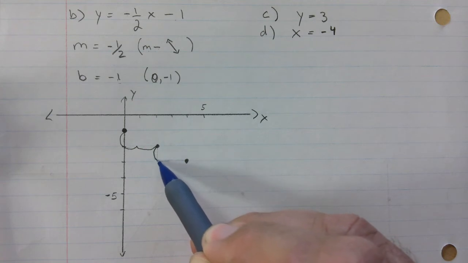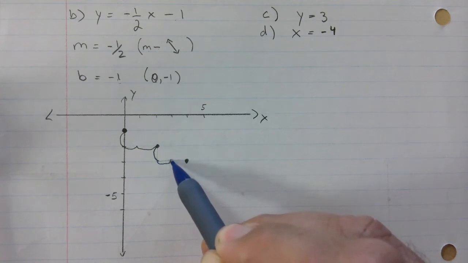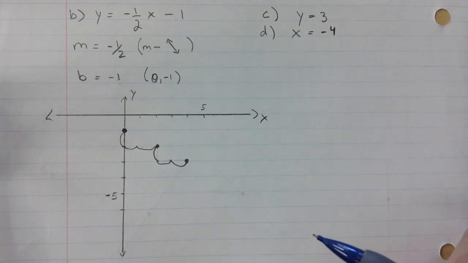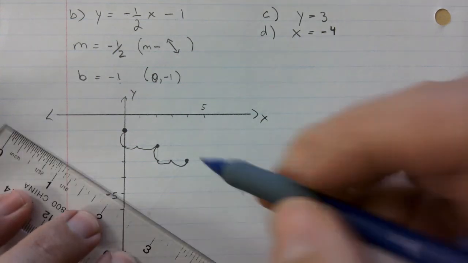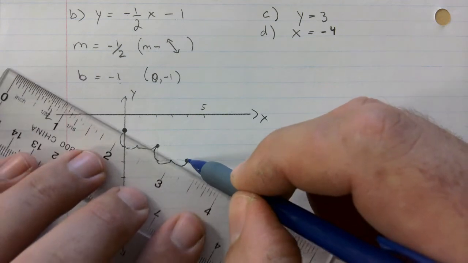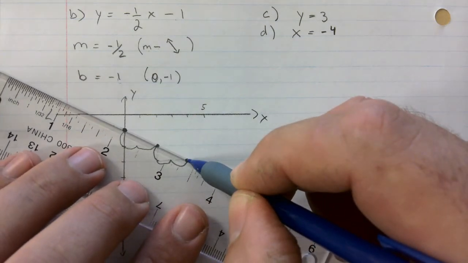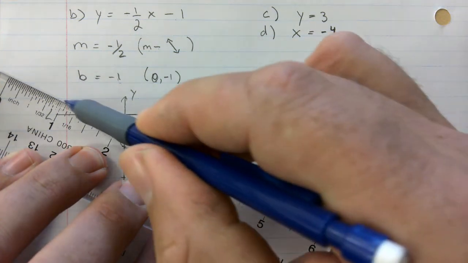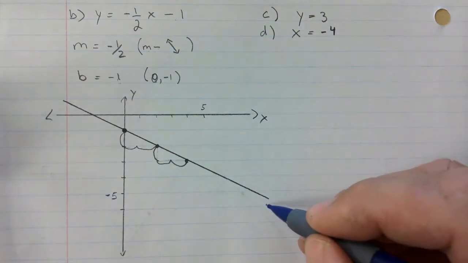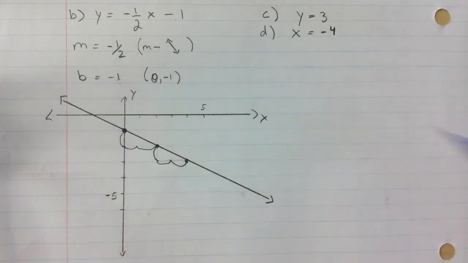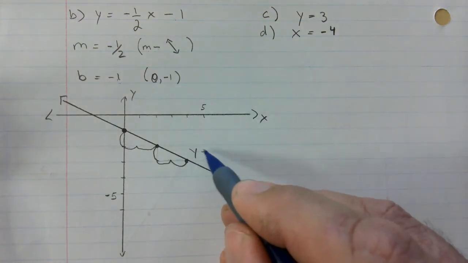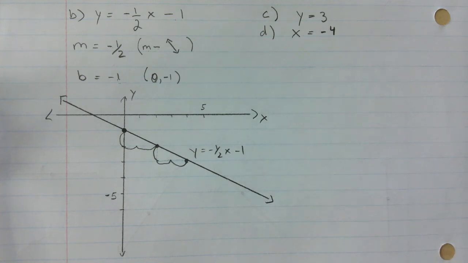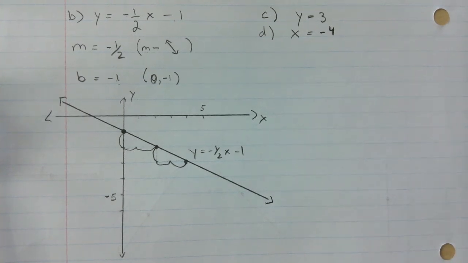You're going 1 down, and then it's 1, 2 over, right? So that's basically what's happening there. And now that I have my 3 points, I line them up as best as I can, extend them, and put your arrowheads on, and you label it. That's it.